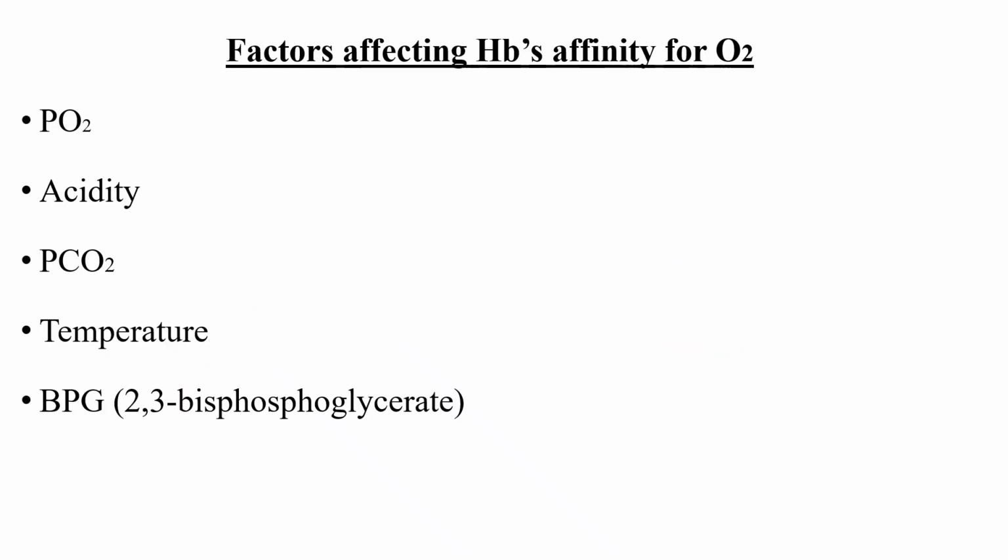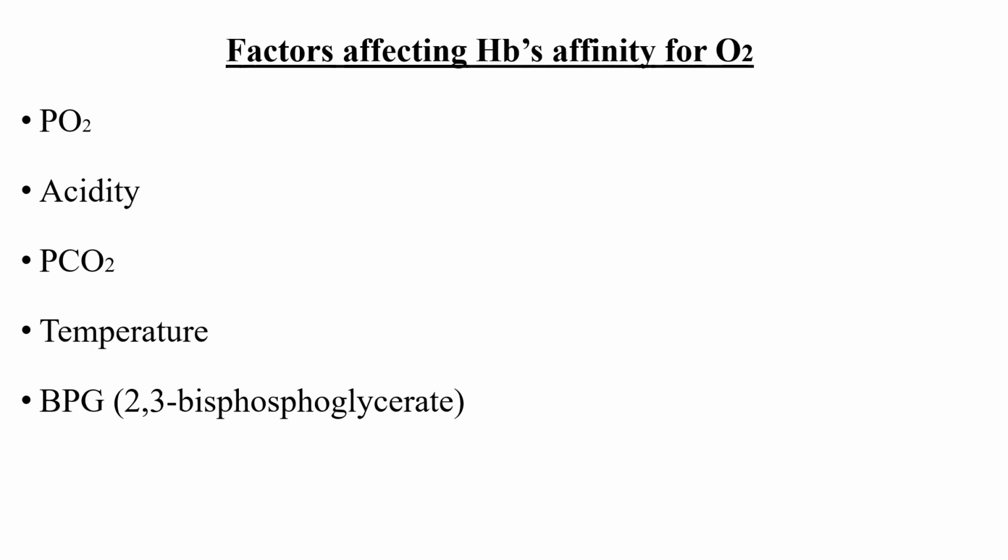Now, the different factors affecting the affinity of hemoglobin for oxygen are the partial pressure of oxygen, acidity, BPG, temperature, and pCO2. If the partial pressure of oxygen in the blood increases, the affinity of hemoglobin for oxygen also increases, and if the acidity increases, the affinity of hemoglobin for oxygen decreases.